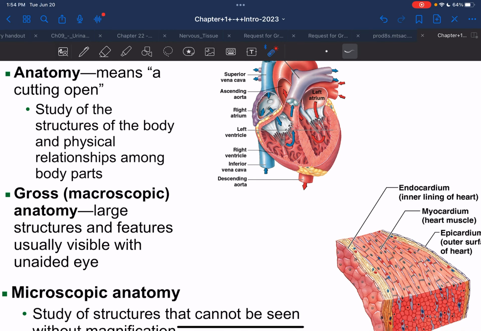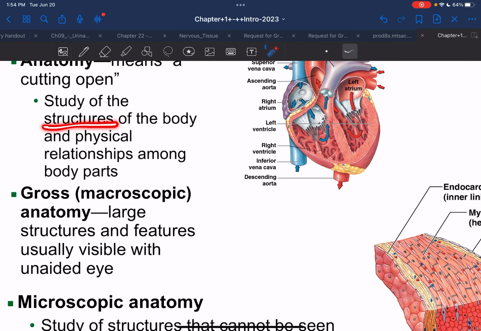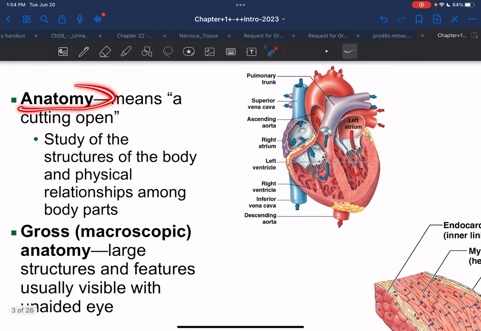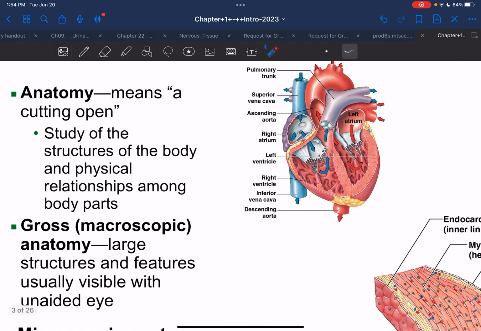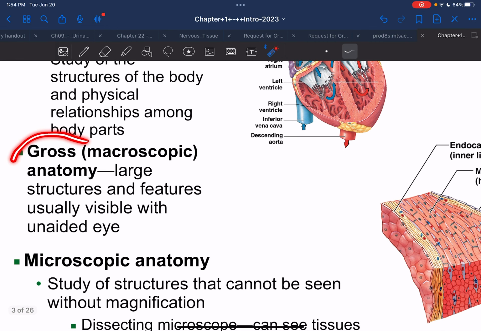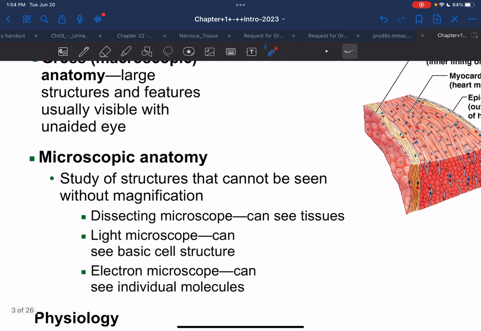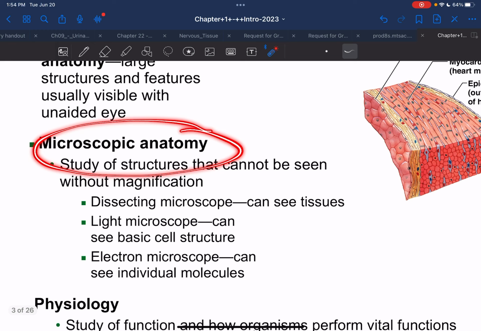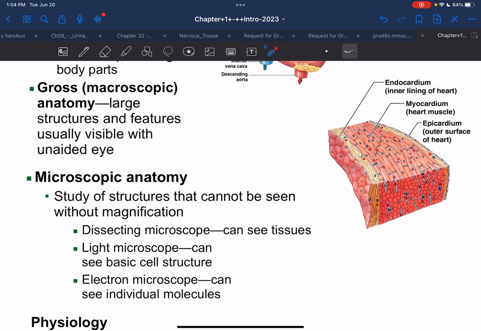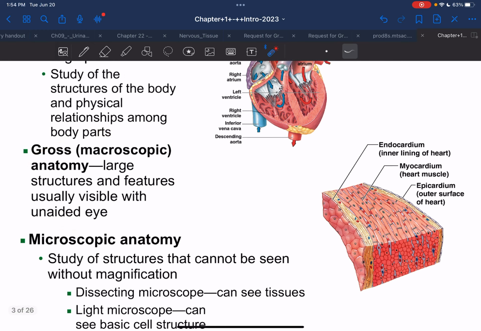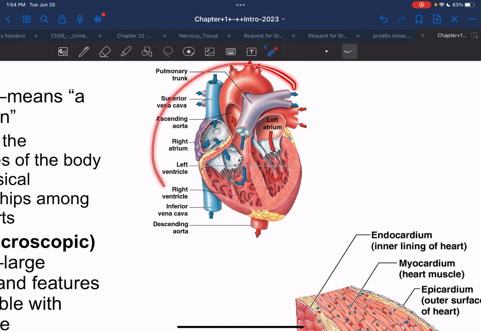Anatomy overall is studying structure. That's what the word simply applies, by breaking the structure apart. Gross anatomy is what we mainly focus on, actually 50-50. We focus on gross anatomy and we focus on microscopic anatomy in this course. If you look at these two images on the side here, this is a heart.